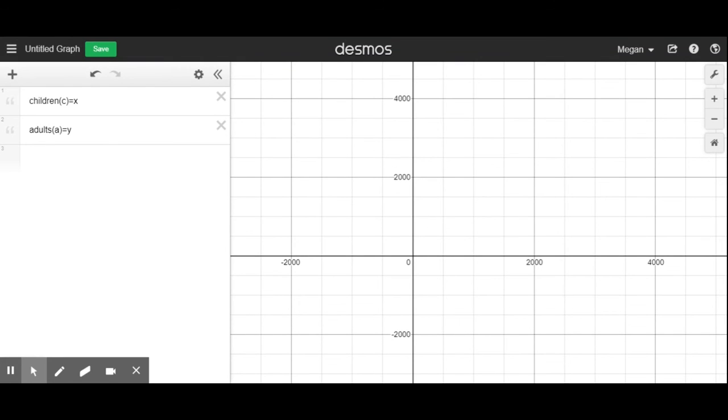So one nice thing about Desmos is that I can type notes. If you press this plus button up here, you can type a note. And so I just made a note to myself that children is C, and that's the same thing as x, and adults is A, which is y. Because if you type in our equations with C and A, Desmos is not going to know what you're talking about. So we're going to need to type in our equations with x and y.